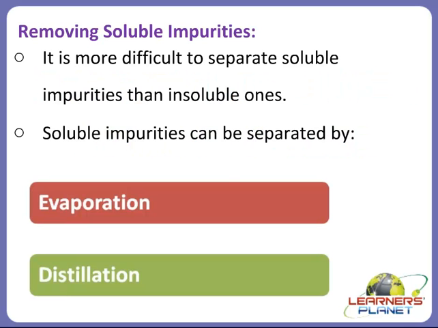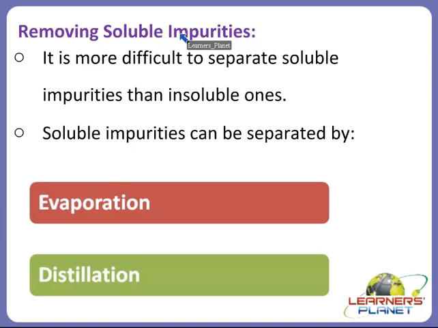Yes, removing soluble impurities. As you know, impurities are of two kinds, soluble and insoluble. Soluble impurities are the ones that dissolve in water, for example salt, and insoluble impurities are the ones that do not dissolve in water, right? We discussed removing insoluble impurities, and in this session we will discuss removing soluble impurities.